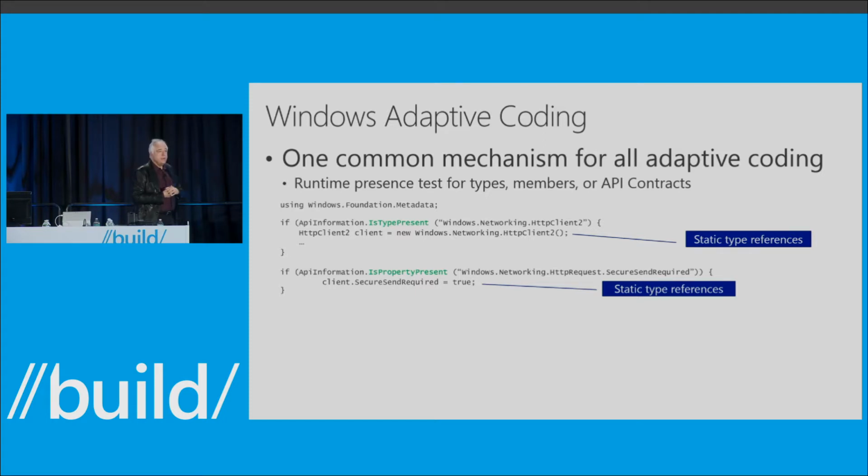In .NET today, meaning prior to Windows 10, I couldn't even compile this. I couldn't JIT this code. The JIT would throw a missing method or missing type exception because when you went to the metadata on the system, it'd say, but I never heard of that type. It doesn't really care that you have it in an if statement.